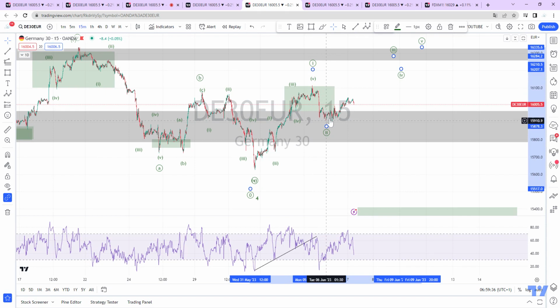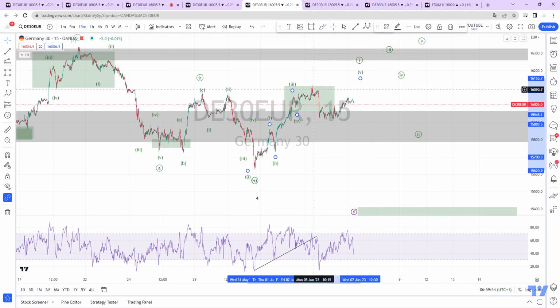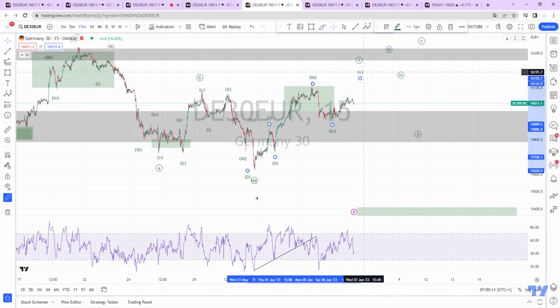So this could be a scenario that plays out, that this was here wave 1, only a shallow wave 2, and that we move higher. Then, of course, this scenario that we indeed succeed in doing a short from somewhere here. So 1, 2, 3, we now do a 4, or we are doing a 4, and we can enter a short here as a fifth wave.